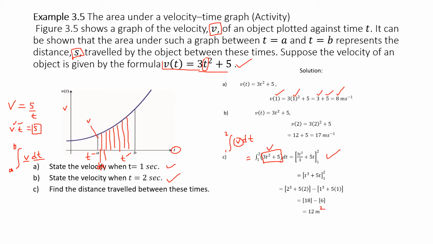Technically this is area on the chart, but by concept it is distance. So take care. The graph is facilitating us. It does not mean that practically this is area. So it is 12 meters distance.